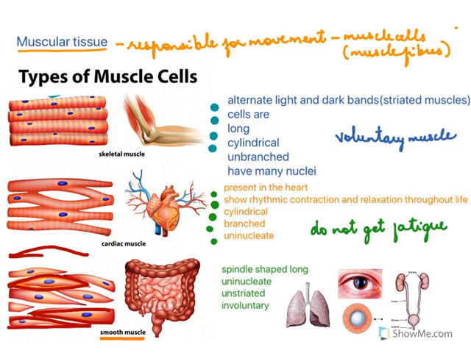This is a spindle shape like this, pointed at the ends, broad in the middle. So all these smooth muscles have a spindle shape and they are long. They are uninucleate. From the figure we can see that each of them has just one nucleus.